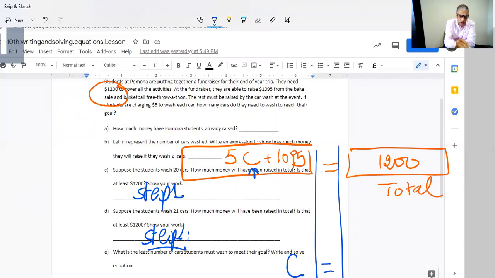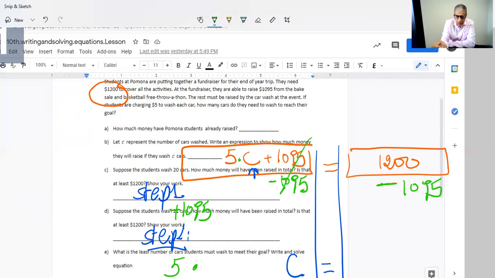So step one, we're gonna get rid of that plus 1,095. Step two, we're gonna get rid of this multiplication by 5. Okay, so let's start with step one. It's plus 1,095. We do the opposite of that, which is minus 1,095. And we do that to both sides.